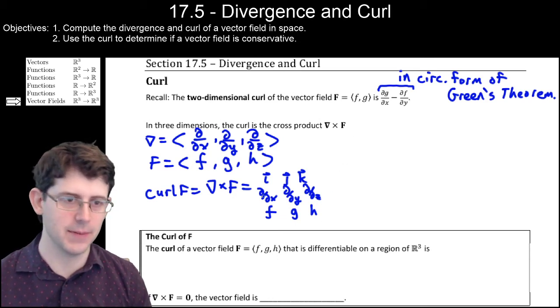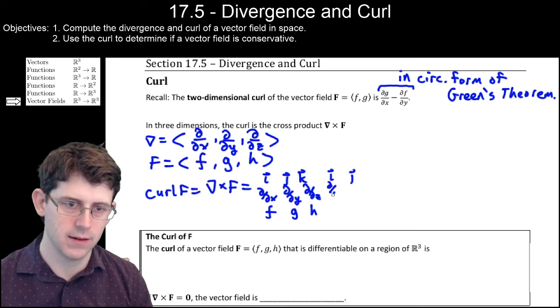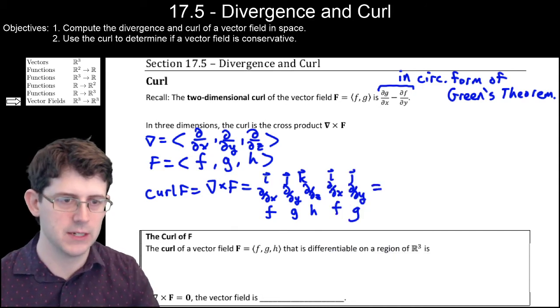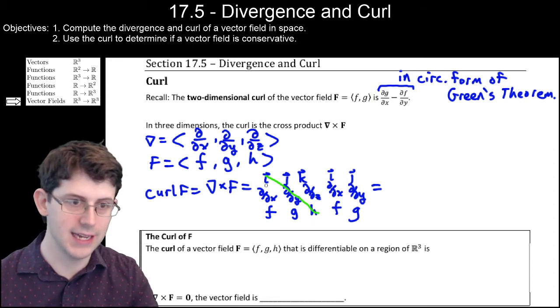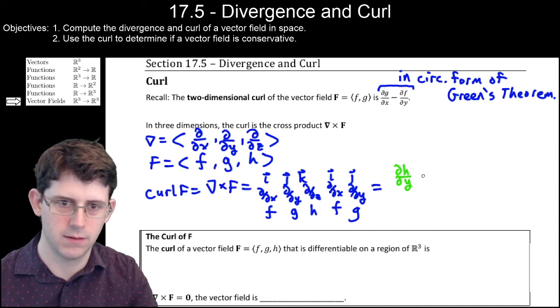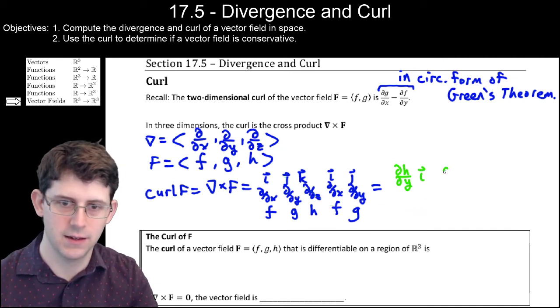I'll do the determinant by copying down the first two columns. And then let's combine them together and see what we get. So the forward ways come out positive. So this is partial h, partial y in the i direction. Partial f, partial z in the j direction.